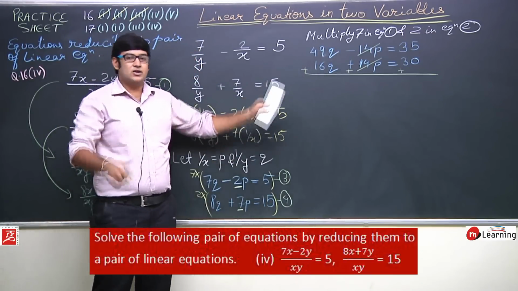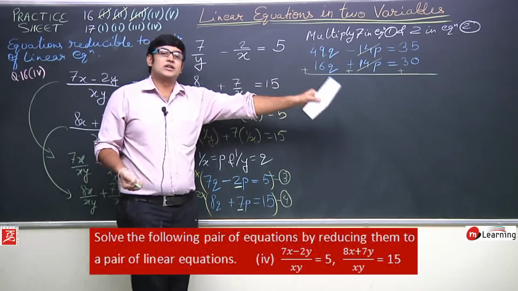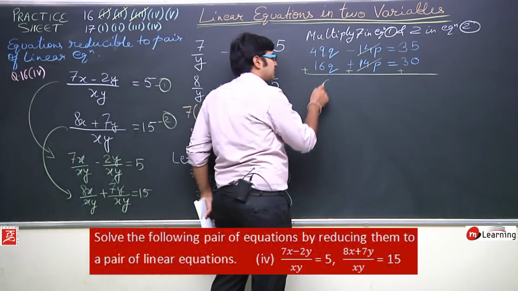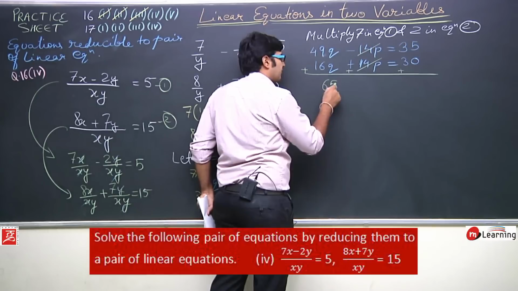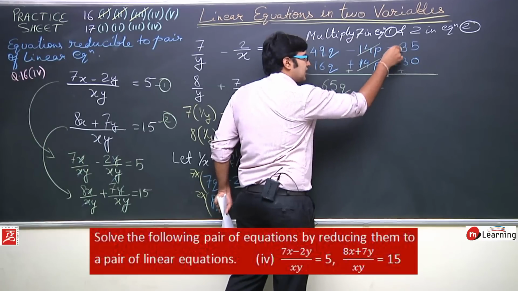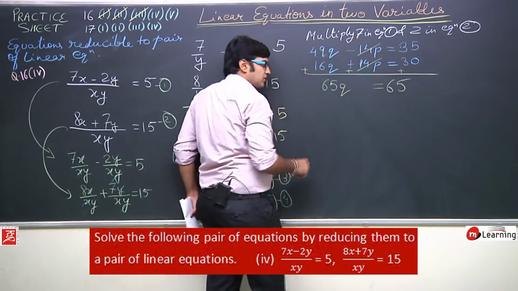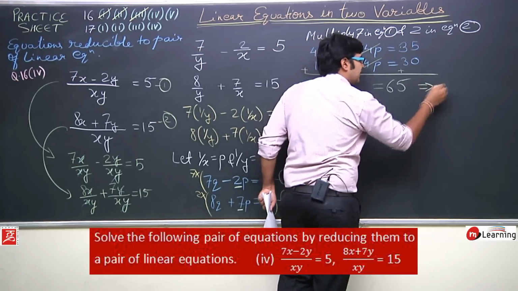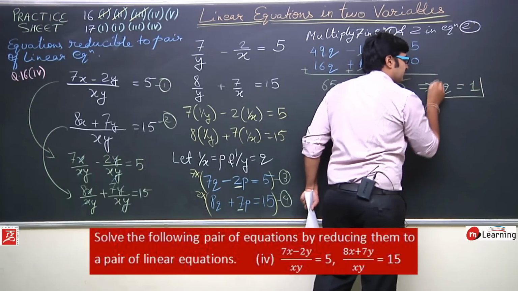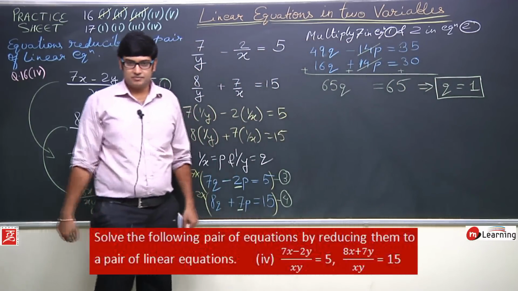First add 1 to 49, it will become 50. Then 15 remains, so 50 plus 15 gives you 65. So this will become 65q equals 35 plus 30, which is again 65. So it implies the value of q equals 1. The value of q is simply 1.